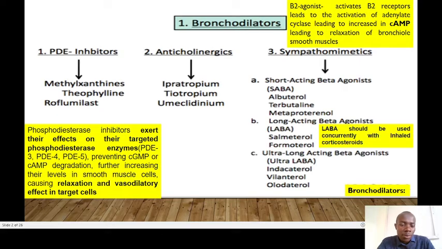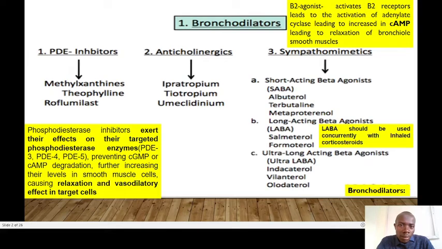In sympathomimetics, we have the short-acting agonists, that is, we commonly refer to them as SABA, and the long-acting agonists, the LABA. Okay. In addition, we also have the ultra long-acting, the ultra LABA drugs. These are a unique group of drugs because they are approved to be used in COPD and not asthma, and that is very key for us to know.